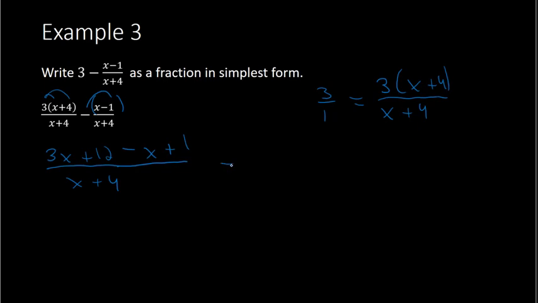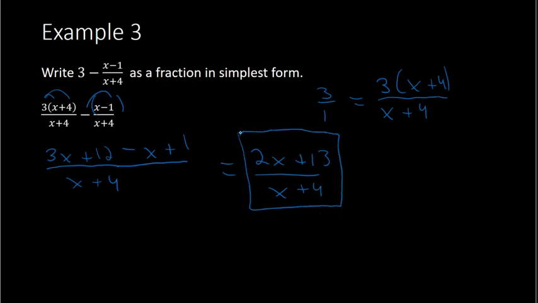So from here I can combine like terms. 3x minus 1x gives me 2x, and 12 plus 1 gives me 13. And all that is over x plus 4. So I now have one fraction from the original two fractions that I had subtracted from each other. So this would be my new fraction, and that would be simplified already.